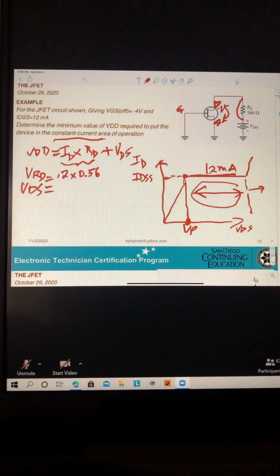That means VDS has to be equal to VP, right here. Okay, minimum. What is the VP? It is equal to the VGS off, but positive, positive for both.